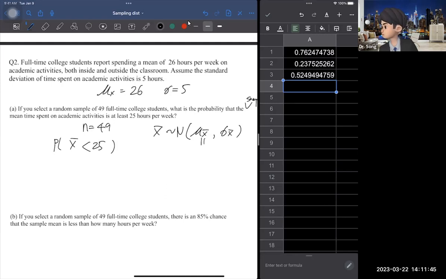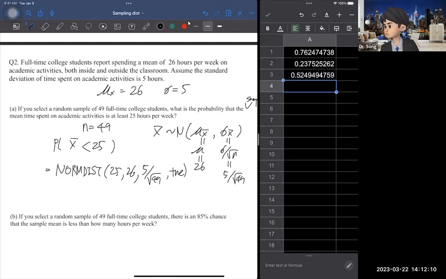The mean is the same as the population mean, 26, and sigma of x bar is sigma over square root n, in this case 5 over square root 49. Now this becomes very easy. So NORM.DIST, 25, mean equals 26, standard deviation 5 over square root 49, and TRUE. Then you can find the answer.